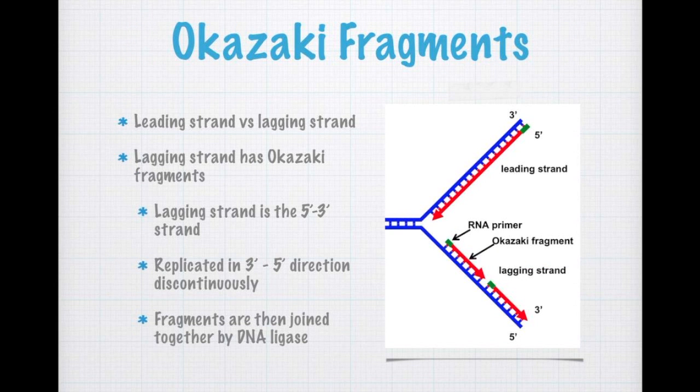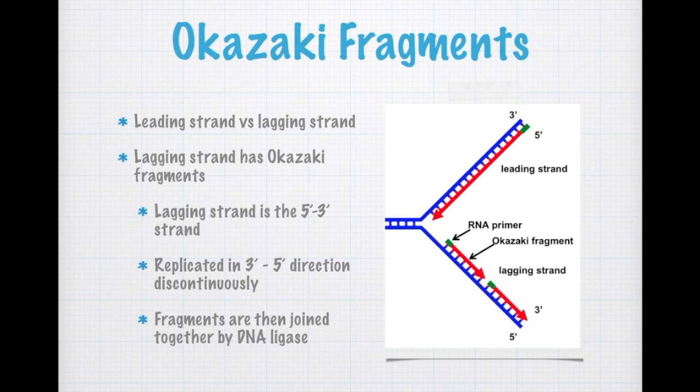And here we go. Leading strand versus the lagging strand in Okazaki fragments. So, basically, if you take a look at this picture on the right-hand side, the top of the helix is where the free 3' end is.